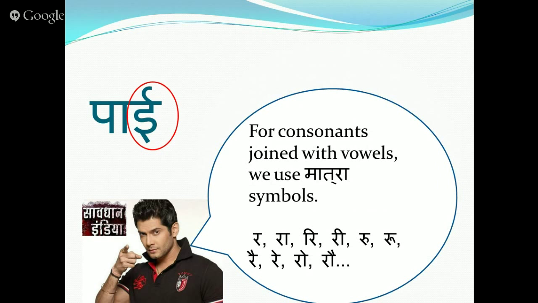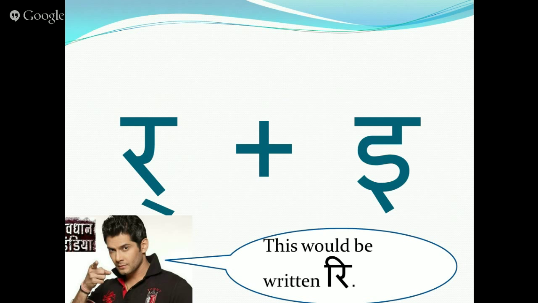So what happens if we're trying to join ra with a vowel? Well, that's what a matra is for, isn't it? So the ra with no symbol is ra. The ra with the straight line would be ra, and then you see re, and then ri, ru, re, ro, ra, etc. So if we were trying to join this, the Spanish R sound, with a, what would it be?